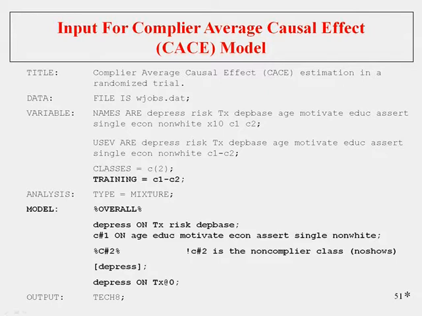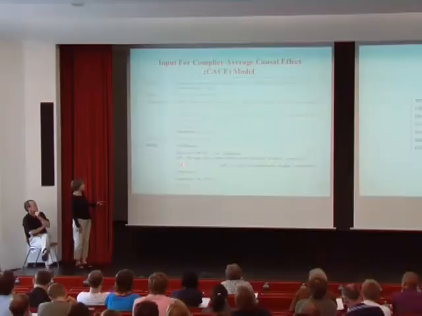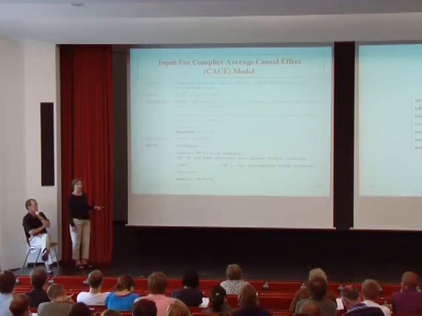And the model command specifies the model that's going to be estimated. And when we're doing mixture modeling, we have the overall part of the model, which specifies the general model. And then we can also have class-specific parts. So for example, the %C number sign 2% is saying that the statements following that are going to be class-specific statements for class 2.